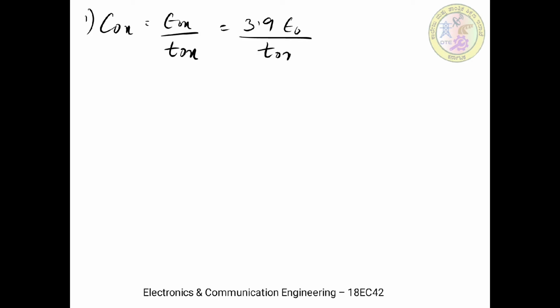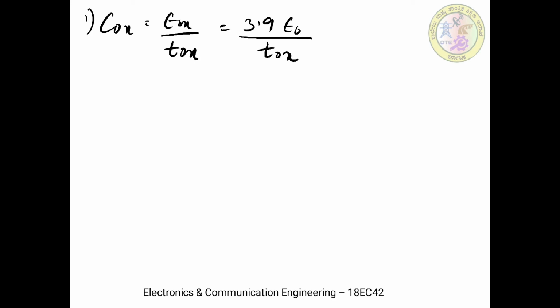So let us take the solution here. It is given that the MOSFET is in saturation, so while calculating CGS we can consider that. Let us first calculate C oxide, which is nothing but the basic capacitance here. C oxide will be given by epsilon oxide by T oxide, which is 3.9 into epsilon naught by T oxide.